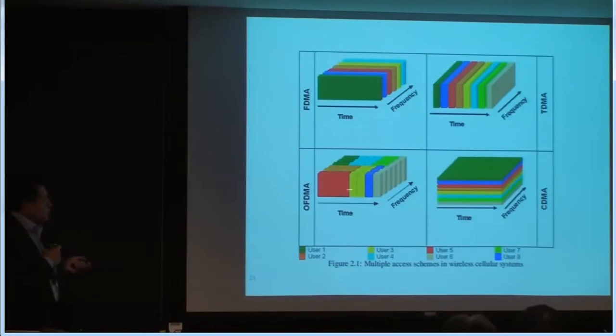And the bandwidth is scalable, from 1.4 up to 20 MHz. 1.4 can support 6 resource blocks, 20 can go up to 100 resource blocks. Because the sub-frame is 1 millisecond, at least a pair of resource blocks have to be assigned to a user.